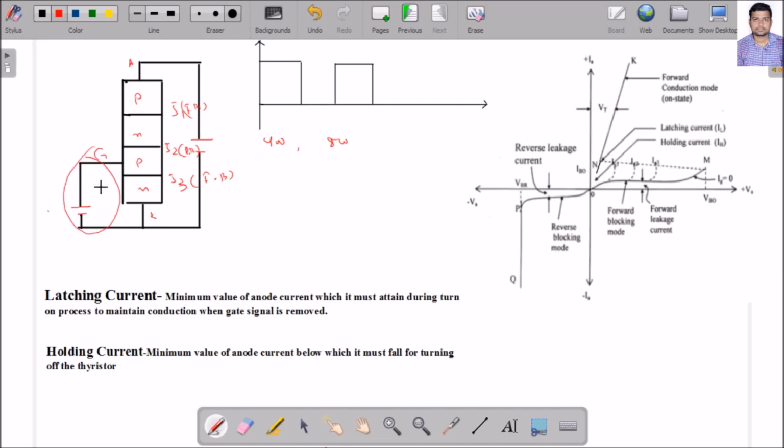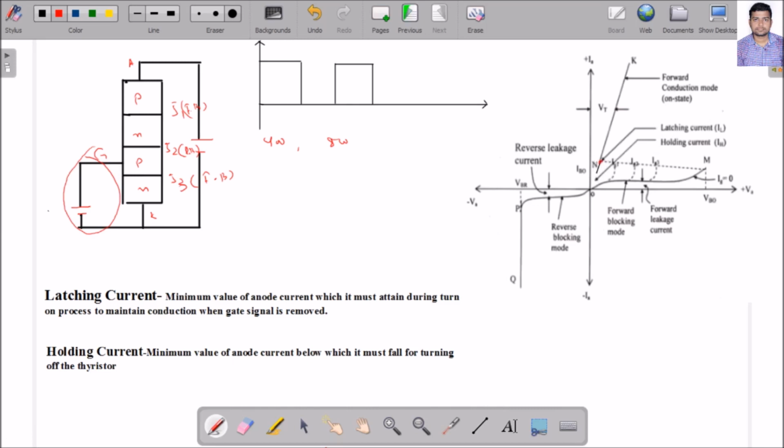I can remove the gate signal to save the power losses in the gate drive circuit. But the condition is, I can remove the gate signal only when the thyristor current reaches a level called latching current.